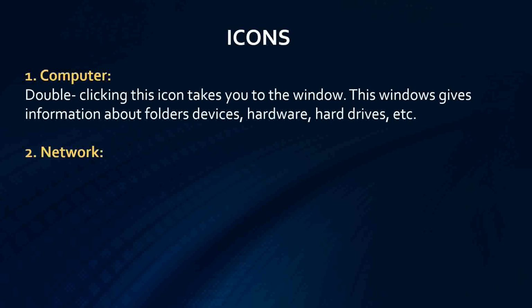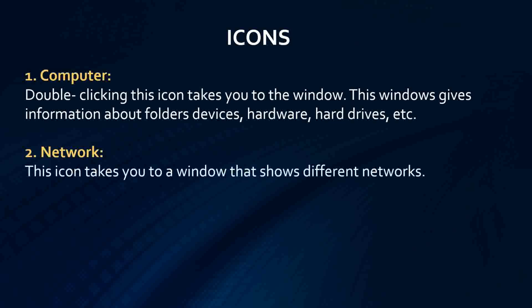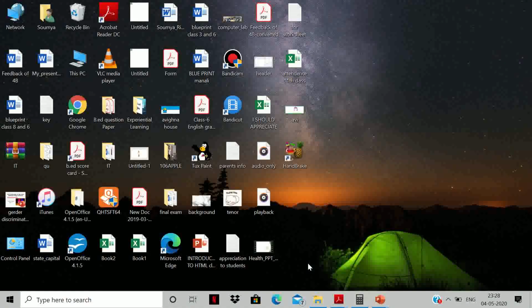Then the second most common icon you will find is the Network, and this icon takes you to the window that shows different networks. Let me show you. This is the Network icon I have.